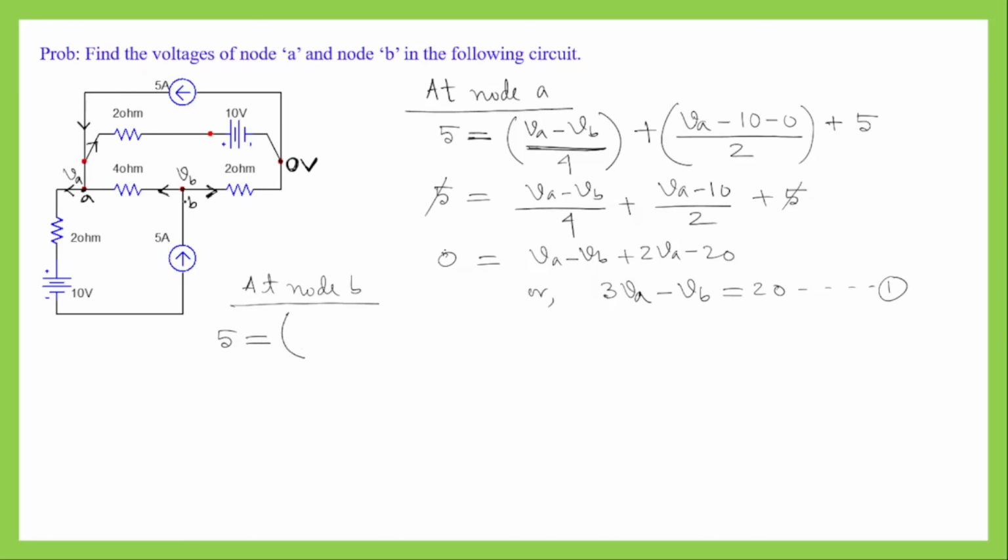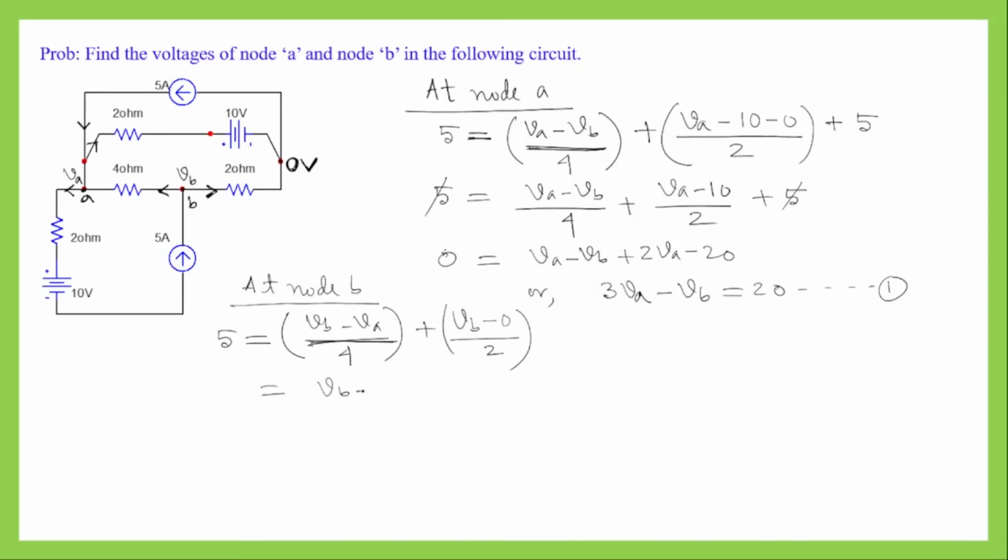So this time it will be VB minus VA divided by 4, and the current of this path, which is flowing through this resistor, will be VB, and potential of this point is 0, so it will be VB minus 0 divided by 2. 2 ohm is the resistance value. So let's simplify further.